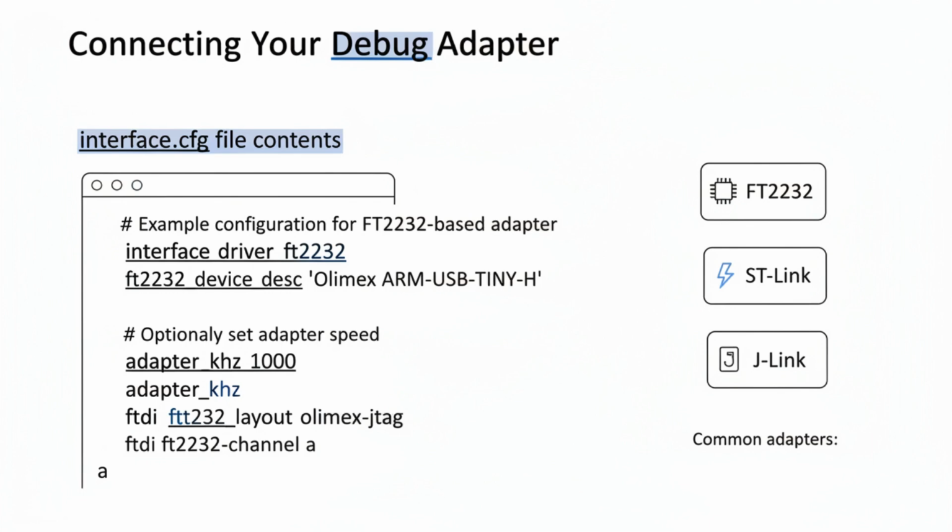You might also need to set the ft2232 device desc if your adapter has a specific description or serial number. Another important parameter is adapter khz, which sets the JTAG/SWD clock speed, often starting with 1000 kHz and adjusting as needed for stability. Popular adapters also include ST-Link and J-Link, each having their specific driver commands.